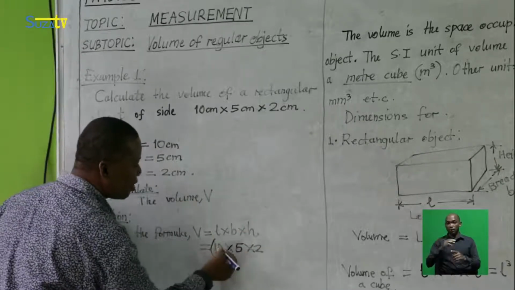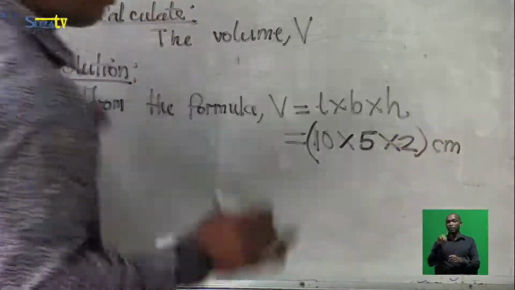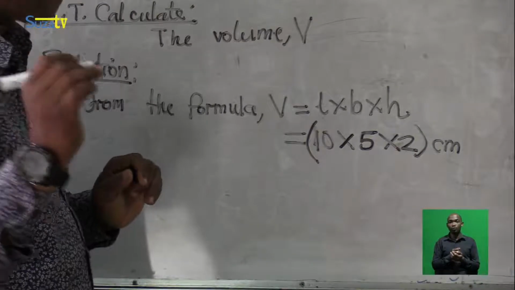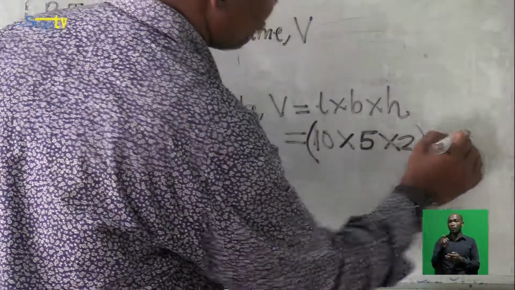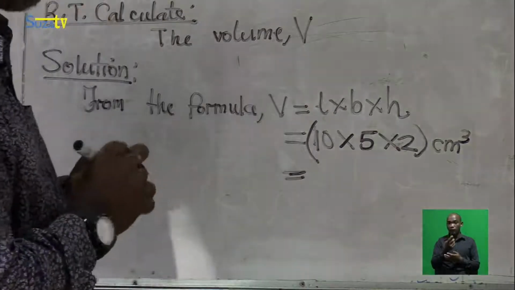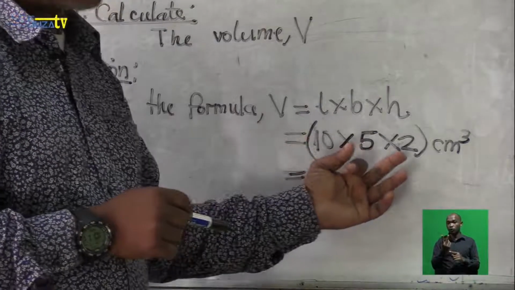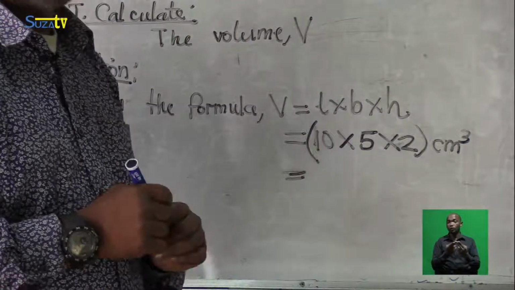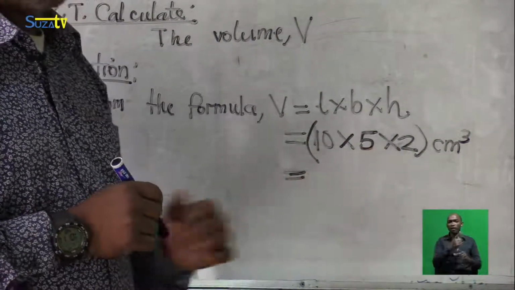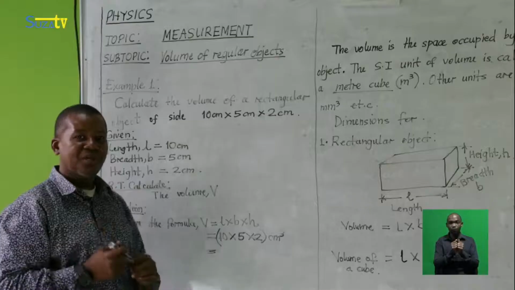Then centimeter times centimeter times centimeter is centimeter cube. After that, we can say that 5 times 2 is equal to what? 5 times 2 is equal to 10.